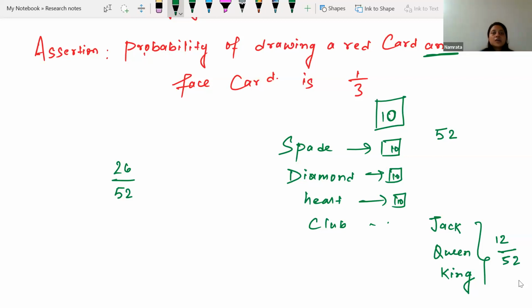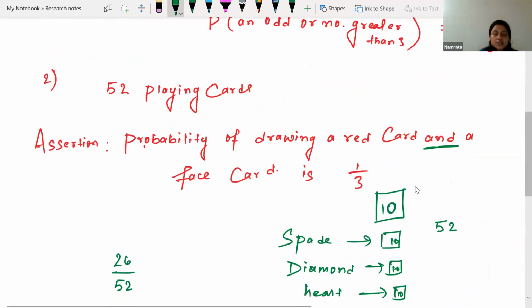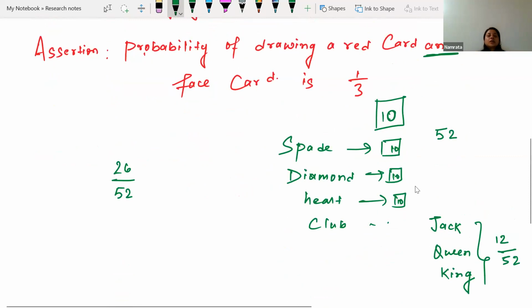Okay, so here it says the probability of drawing a red card and a face card. When we are counting the red cards, we have already considered a few face cards. Yes or no? Yes, ma'am. As we know, half of the cards are red, half are black.